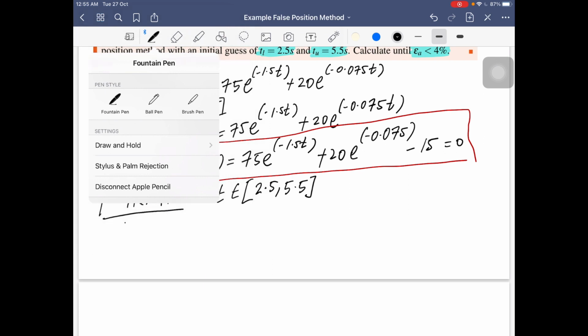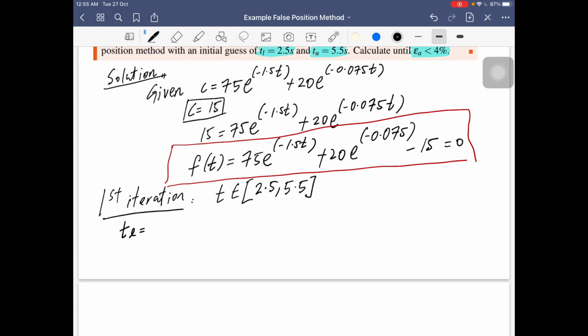Now we calculate: if TL equal to 2.5, then F(TL) equal to F(2.5). You substitute into your function.